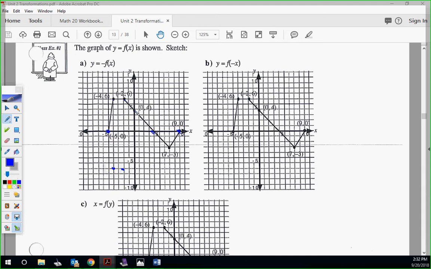That's at 4, it's going to be a negative 4. This is at negative 3, it's going to be a positive 3. And then we can slowly draw that now. And so there's the reflection.